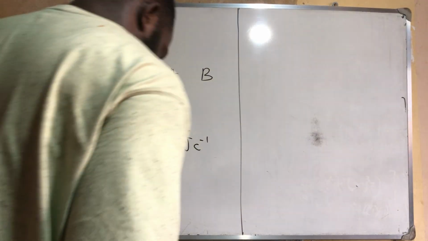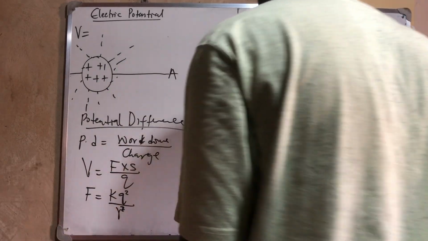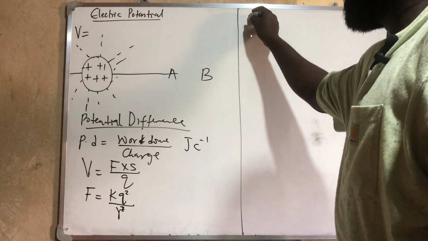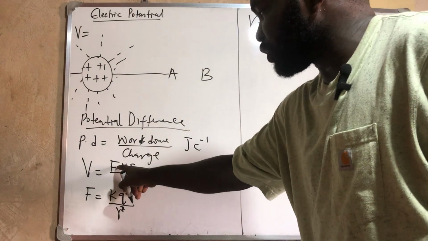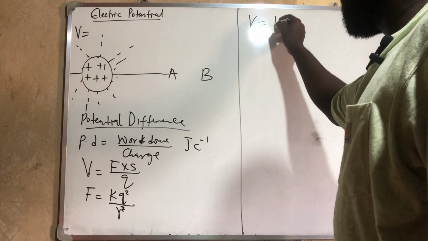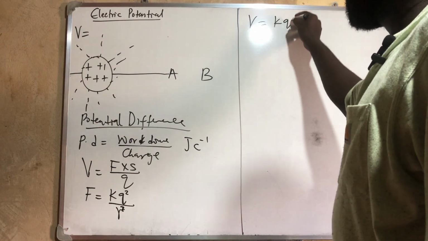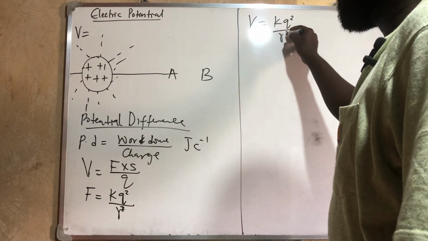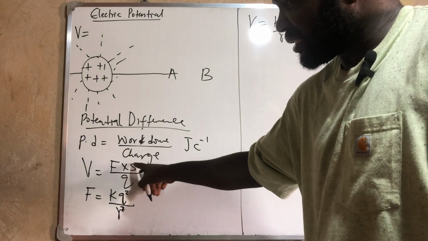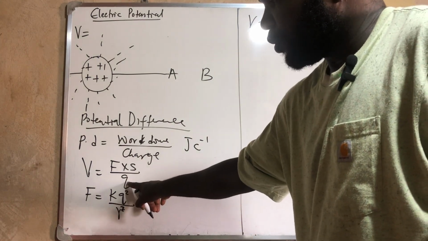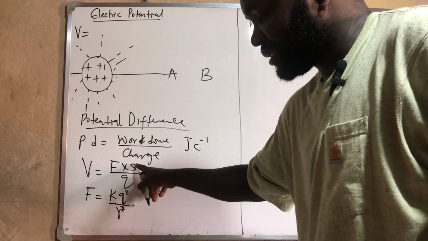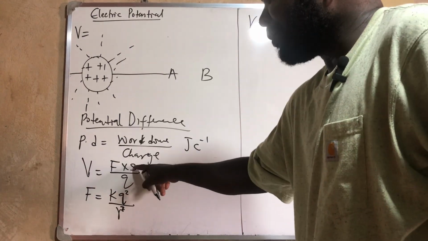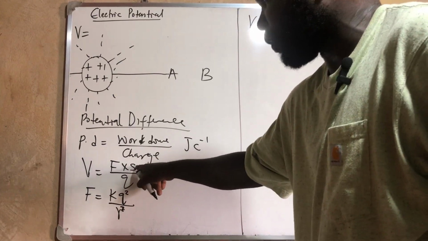So if you put it in for potential difference, instead of putting force here, I'll put KQ squared over R squared, times what is left, which is S over Q. And S is distance and R is equally distance, so let me change S to R as distance.